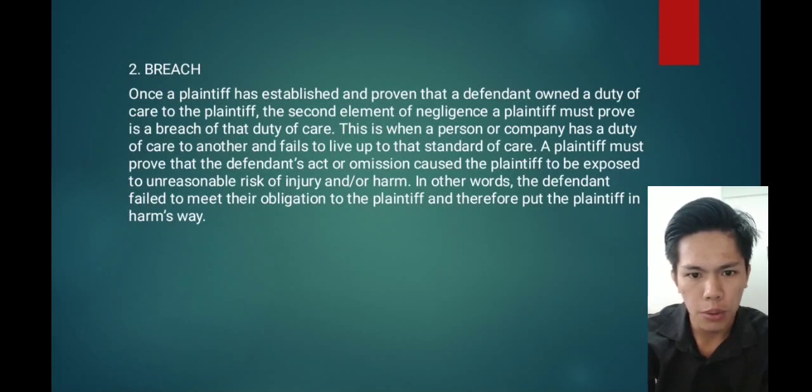A plaintiff must prove that the defendant's act or omission caused the plaintiff to be exposed to a considerable risk of injury or harm. In other words, the defendant failed to meet their obligation to the plaintiff and therefore put the plaintiff in harm's way.